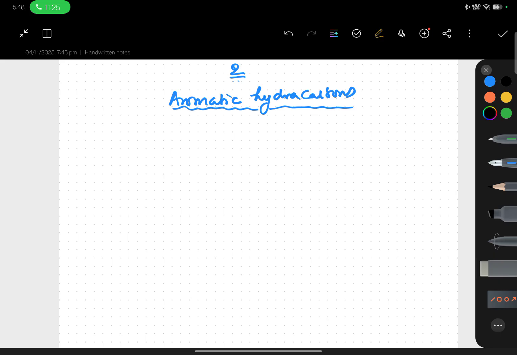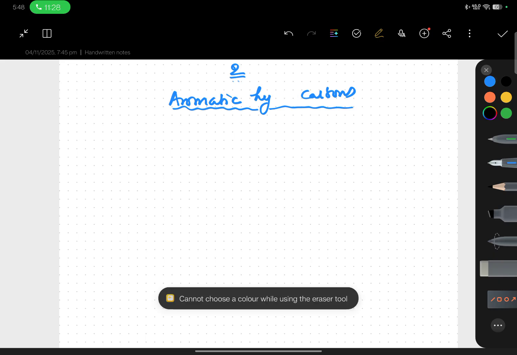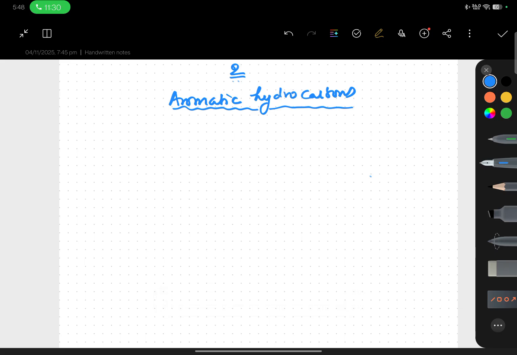Yes, sir. So the next one is the aromatic hydrocarbon. When you say aromatic hydrocarbons, most of the time it is benzene and benzene-like molecules or substituted benzene. For example, this is benzene.